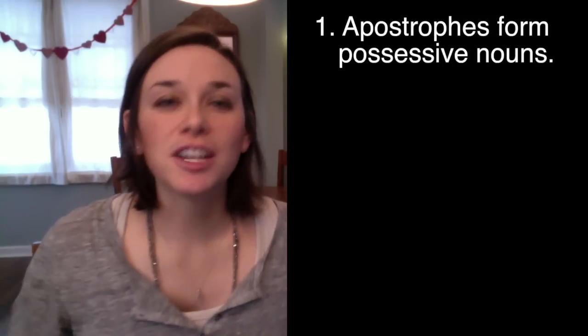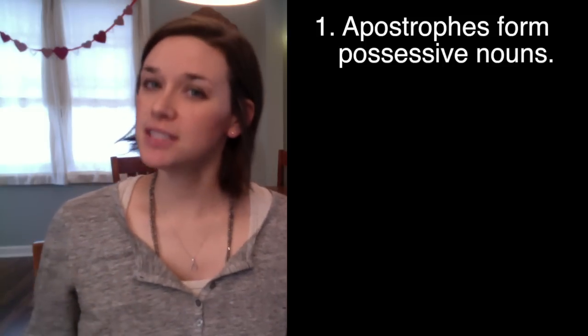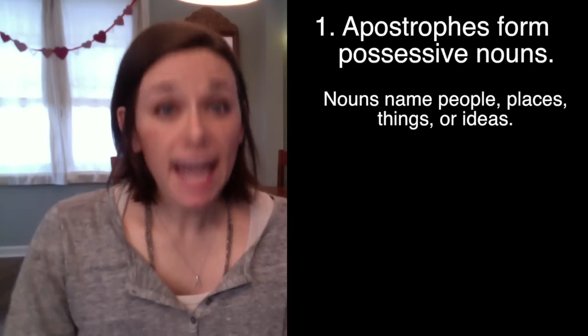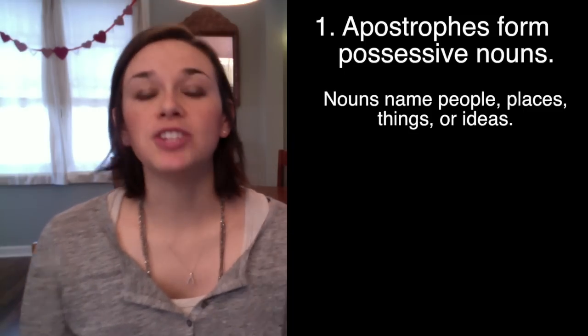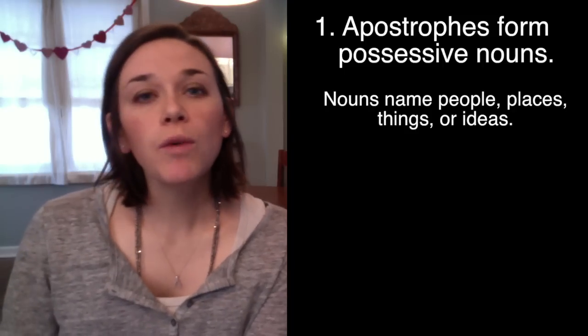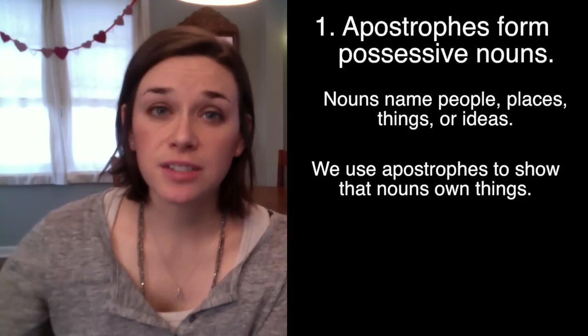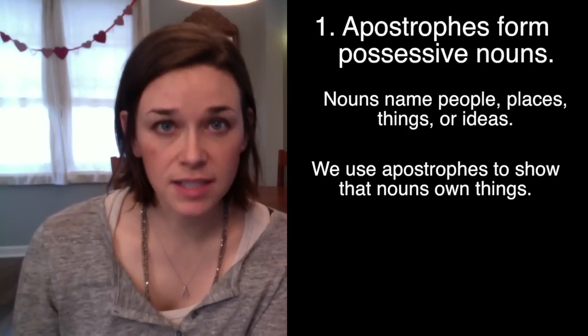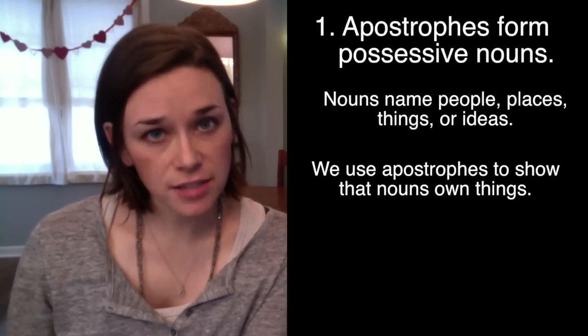The first thing apostrophes do is form possessive nouns. Nouns are one of the 8 parts of speech, and they name people, places, things, or ideas. When we want to show that a noun has ownership or possession of something, then we use an apostrophe.